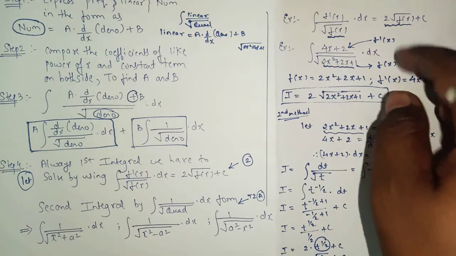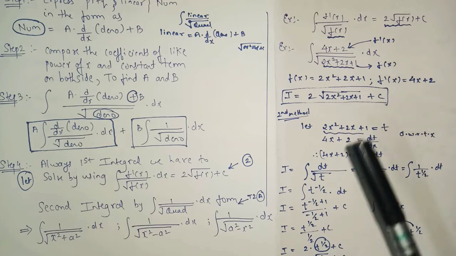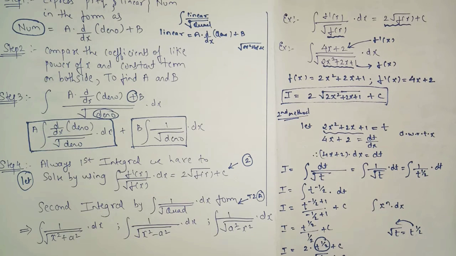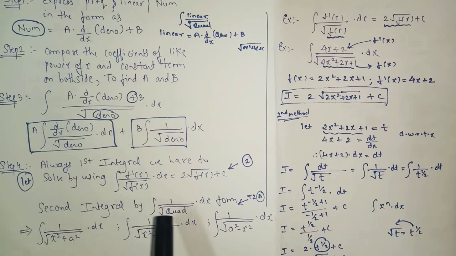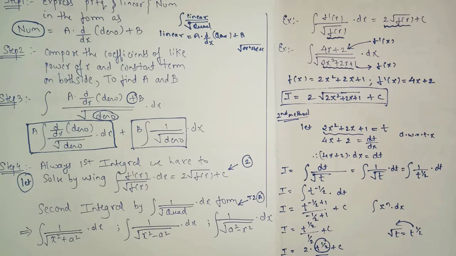So I took one example in the last lecture where I explained both methods, the let method as well as the property method. The second part always gets converted into 1 upon root quadratic, and whenever it is 1 upon root quadratic, that means it is type number 2a. I explained how to remember the sums.